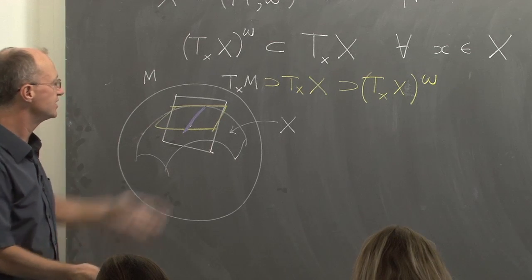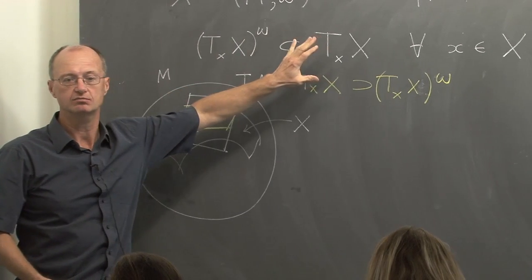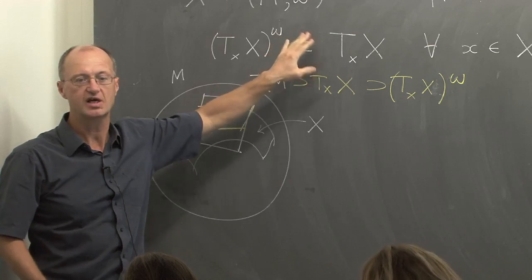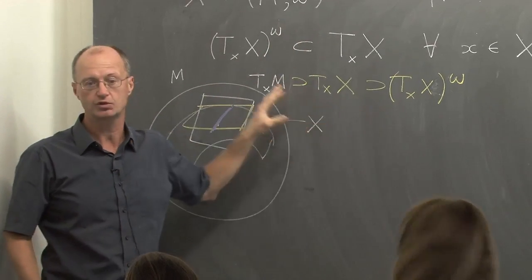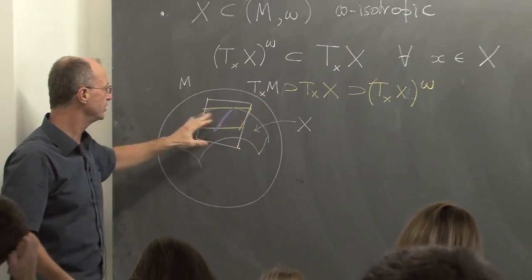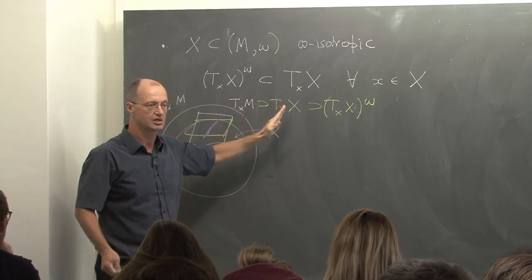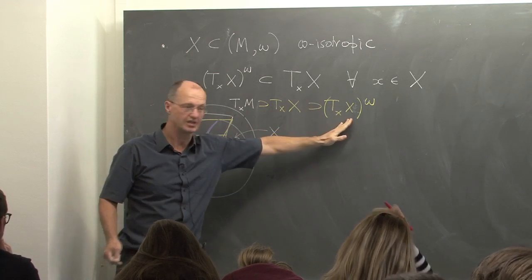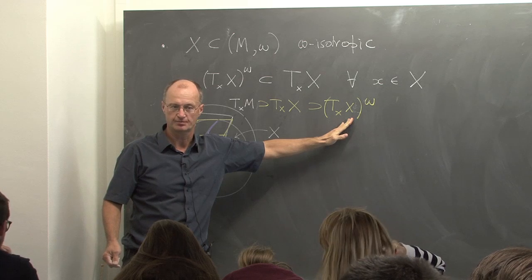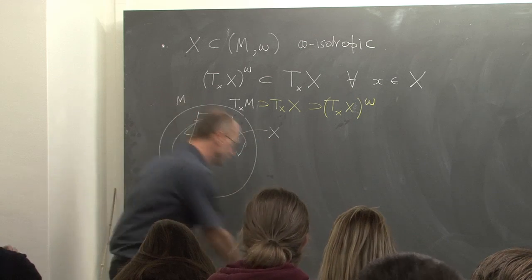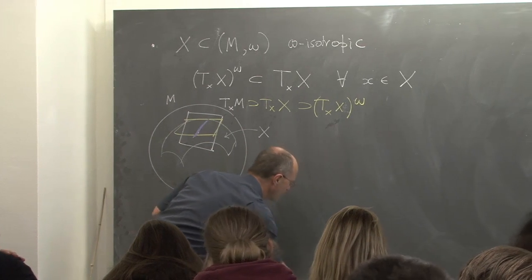In fact, it will be like in the study of group actions. This will be an important situation. There will be this triple of subspaces: the big tangent space, the smaller tangent space, and inside there is one more subspace. In fact, it's related to the behavior of the form omega, right?